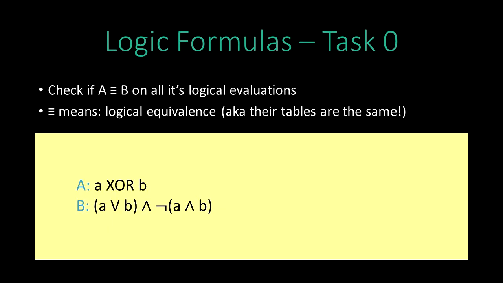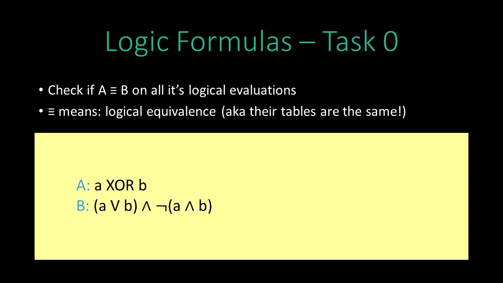So last class you saw how we are propagating and evaluating one logical formula, but what you can do as a task is try to evaluate if two of these formulas have the same logical evaluations. And that's more interesting, because if you are just evaluating one formula, you can just go from left to right, and you end up with a bunch of numbers, and that's your logical evaluation for all the possible entries. But that's not so interesting.